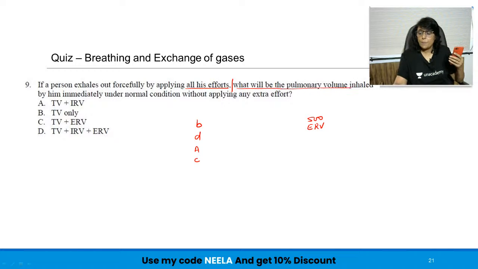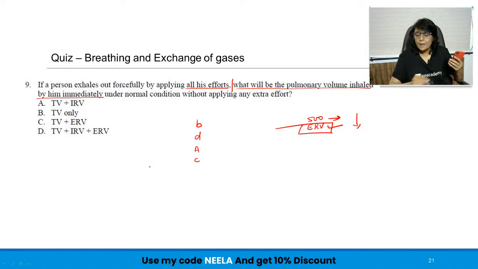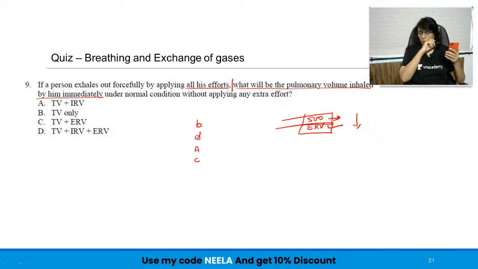What will be the pulmonary volume inhaled by him immediately under normal condition? So now, this is exhaled, forcefully expiratory also exhaled, and now inhaled normally. So what will happen? This will be refilled and normal inhalation will take this. So correct answer should be C.